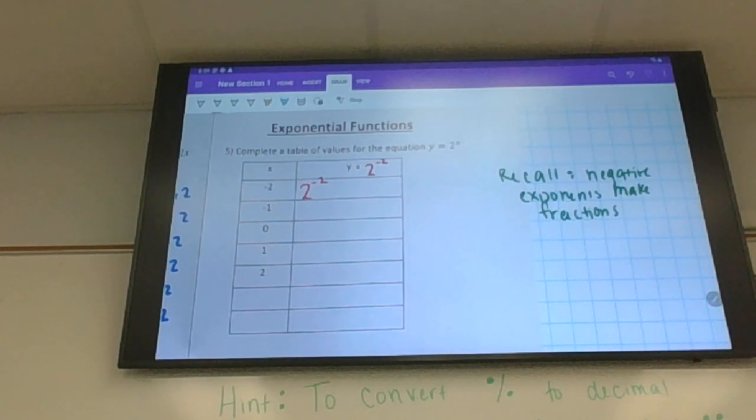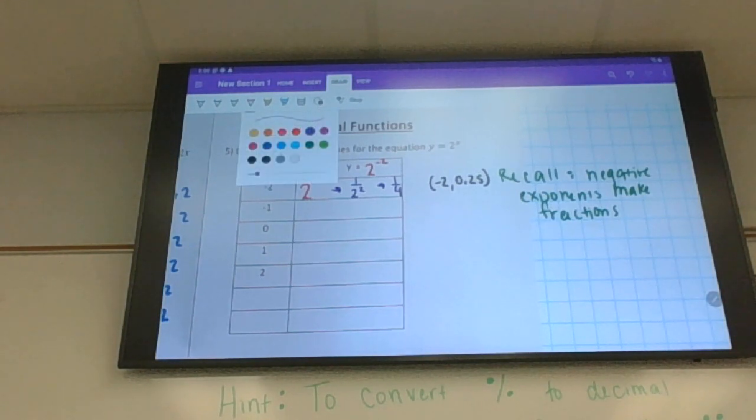So this is actually 1 over 2 squared. Negative exponents go under 1 and become positive. So this is 1/4. Our first point in this function will be negative 2, comma 0.25. I want your fraction answer, but you can put it in a decimal if that's going to help you graph it correctly.